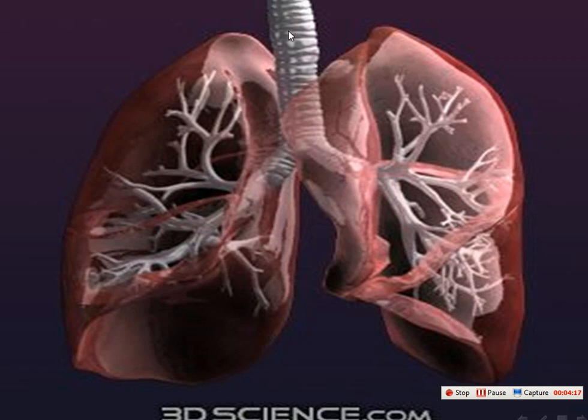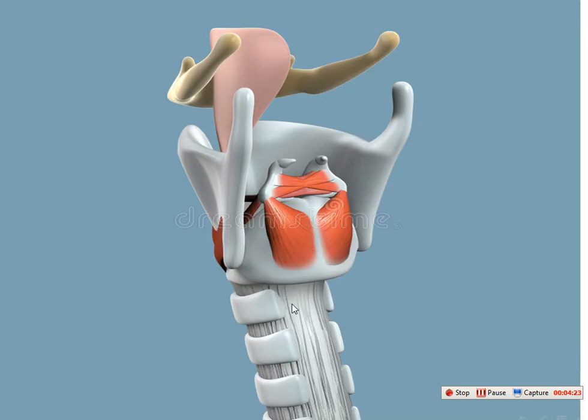The trachea is also called the windpipe, and it is composed of 20 to 21 incomplete circles, C-shaped cartilages.